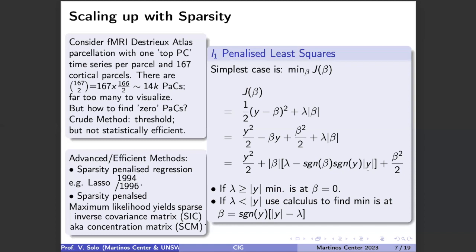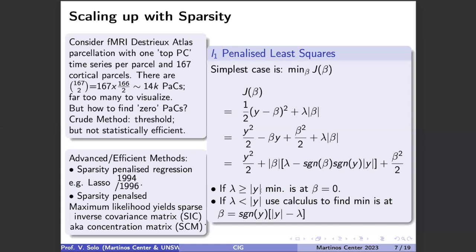Okay, so now here's the interesting thing. Those signs are plus or minus 1, so when you multiply them together, you'll either get a -1 or a +1. But if lambda is greater than or equal to the absolute value of y, it doesn't matter what those signs are doing, the square bracket is positive, or maybe 0.